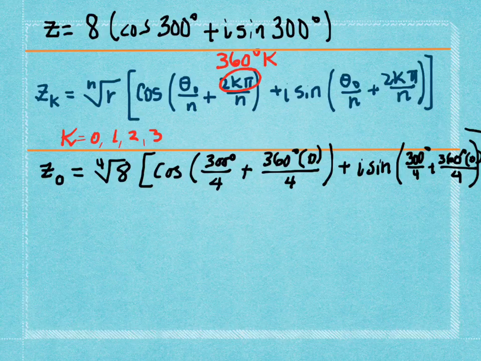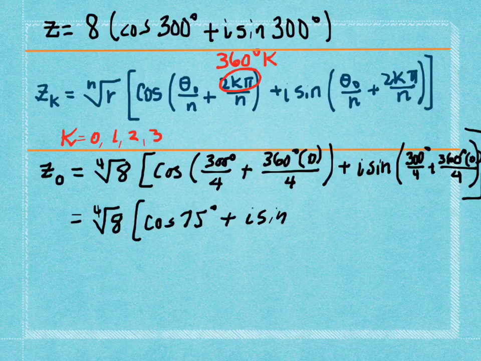Okay, and we need a bracket out there too. Okay, so this is the 4th root of 8, and then the 300 over 4 is 75, so I have the cosine of 75, and the 360 times 0 is, of course, 0, so then I have the same angle over here, so I have cosine 75, and then I sine of 75.